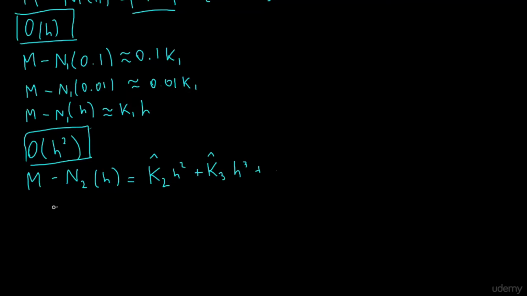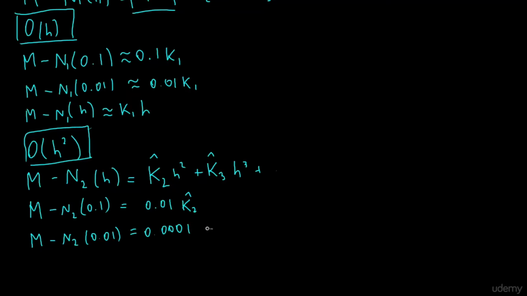And similarly, if we were to plug in actual values, we can say that, for example, m minus n2 of 0.1 is equal to, and here is a surprise, 0.01 times k2 hat. Similarly, if you had m minus n2 of 0.01, then this 0.01 will get squared, and you'll get something like 0.0001 times k2 hat as well.